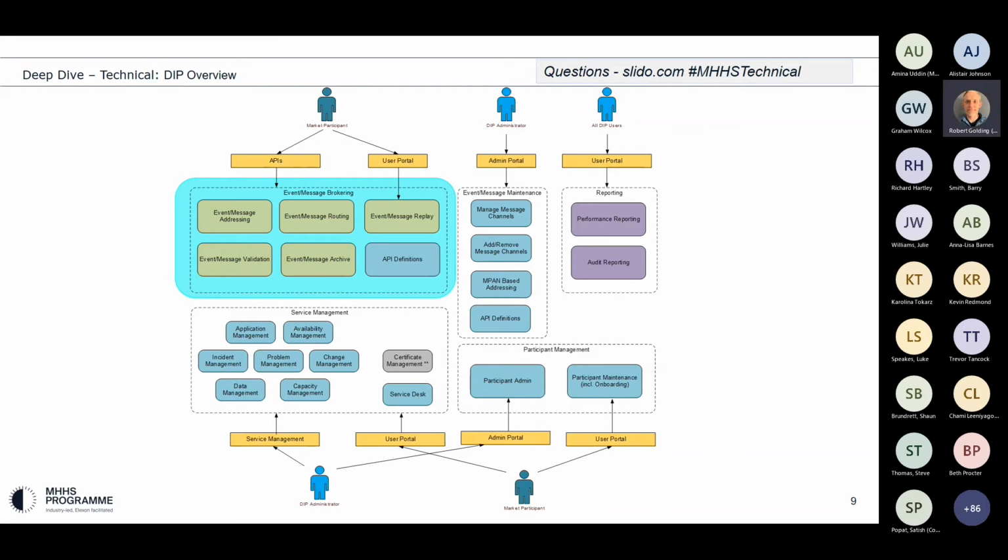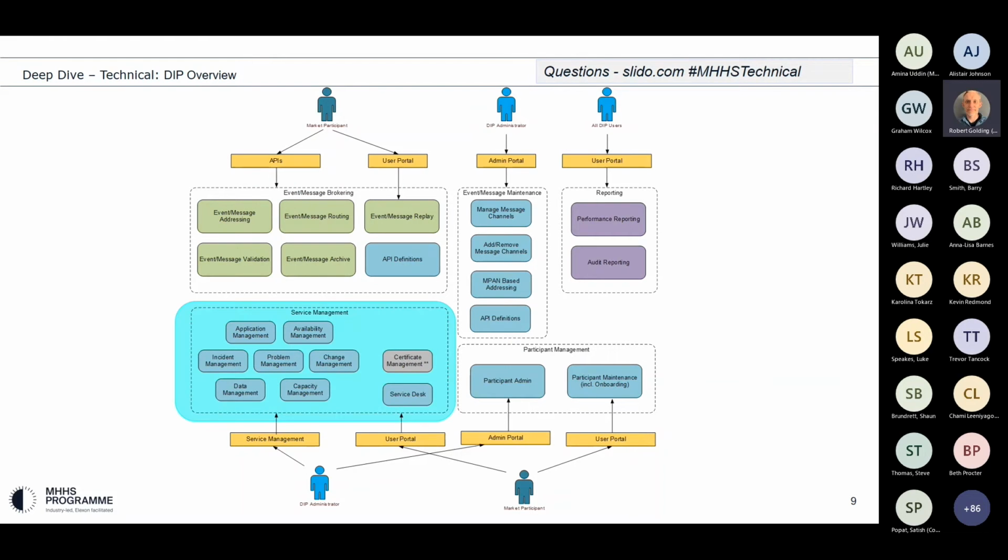So we have the core message sending, then we have the addressing of messages, the routing of messages by the DIP, message validation, and message archiving as well. We also have a requirement for API definitions to be stood up. The market participants will interact with the DIP via APIs and a user portal.